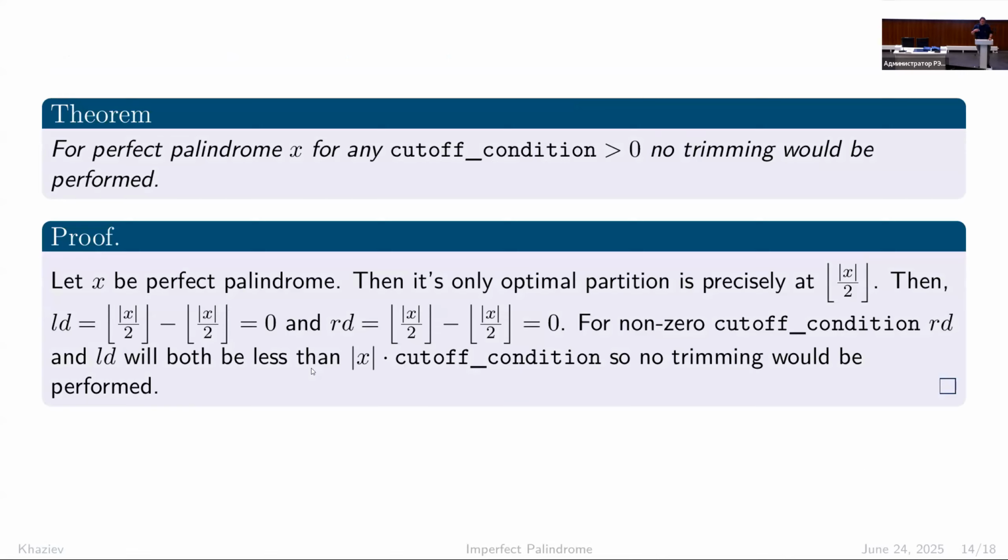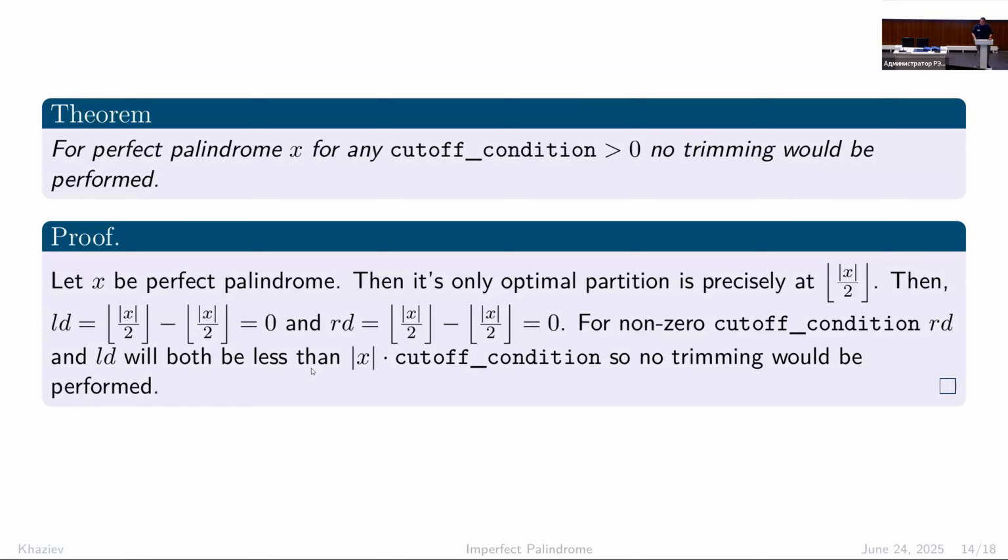We have also proven the theorem that for a perfect palindrome, if we have a non-zero cutoff condition, we won't perform any trimming. And it's easy to prove because for a perfect palindrome, the only optimal partition would be precisely at the length of x divided by 2, floored.